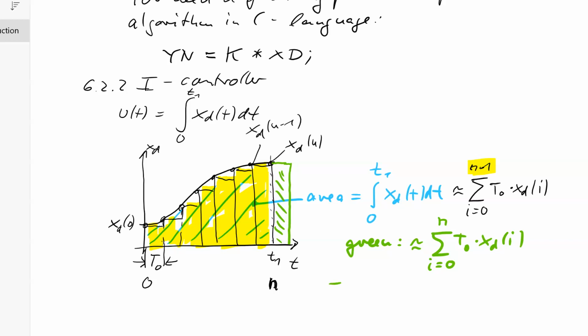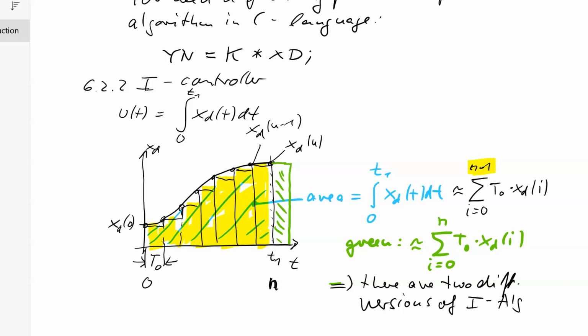So the result is there are two different versions of the I algorithm. You can find in literature either this version or that version. There is not a clear argument which is better.